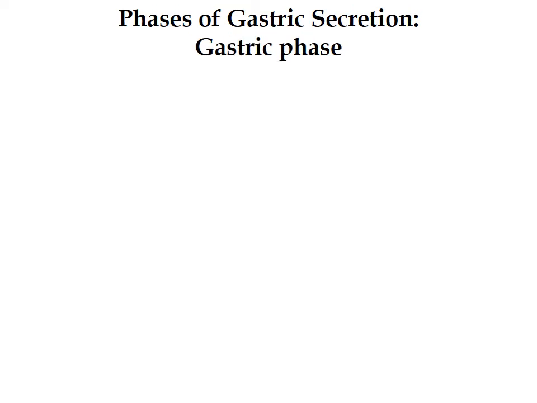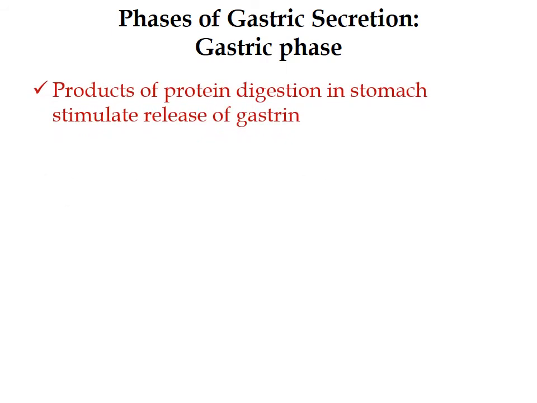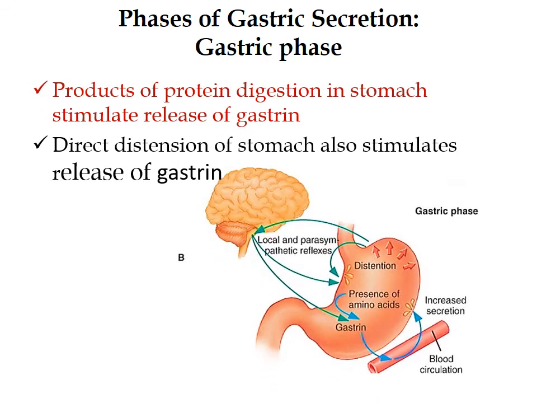The second phase is called the gastric phase, where the food has to be present inside the stomach, right? The products of protein digestion in the stomach will stimulate the release of gastrin. Direct distension of the stomach will also stimulate secretion. So two mechanisms are there.